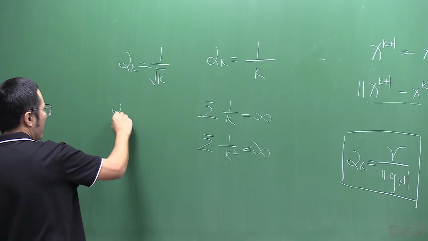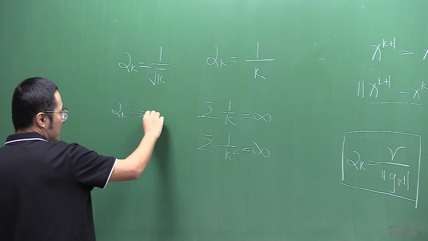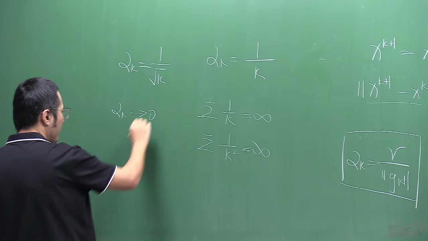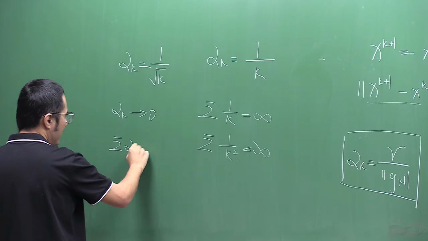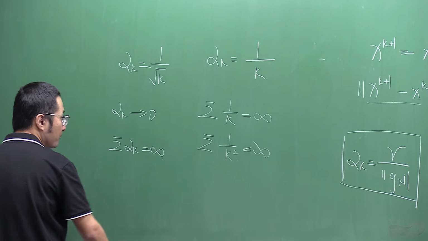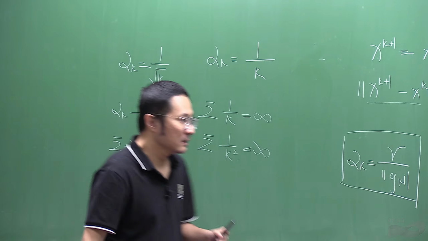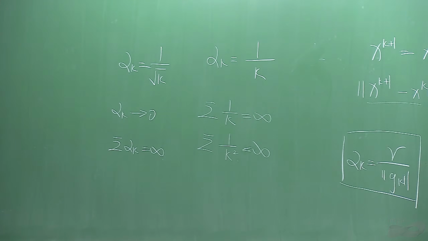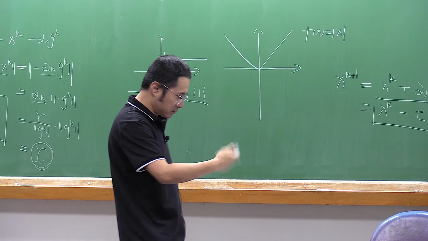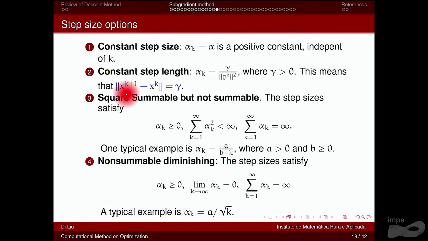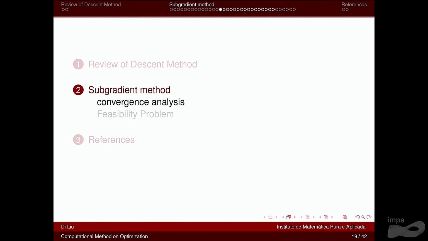Then alpha k approaches 0 and is not summable. So there are several classical options of step size for the subgradient method, but not all of them can give you convergence. Let's go to the convergence analysis.